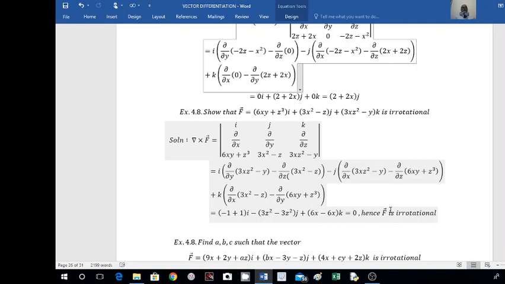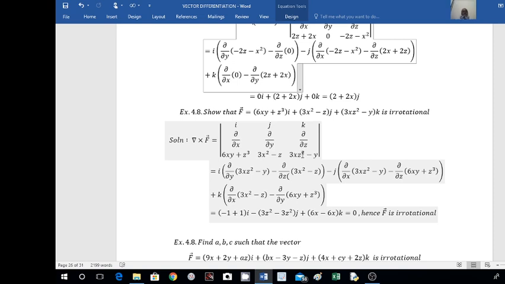So we have to prove that del cross f is equal to 0. Let us find del cross f. First row i, j, k, second row derivatives, third row first term is 6xy plus z cube, second term is 3x square minus z, third term is 3xz square minus y.